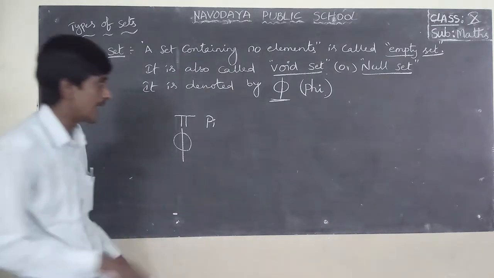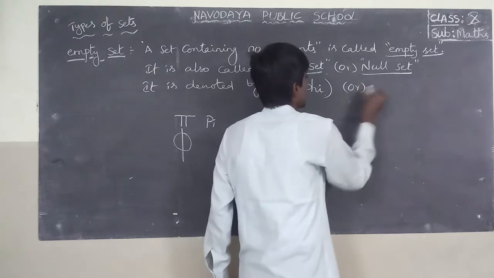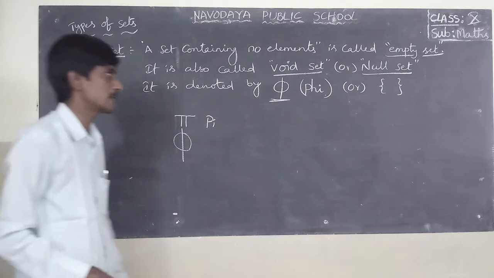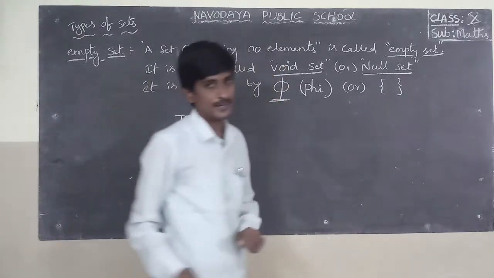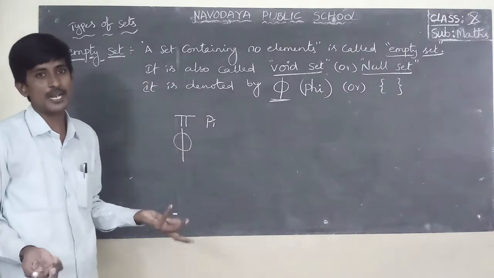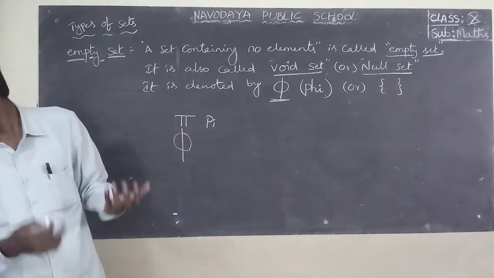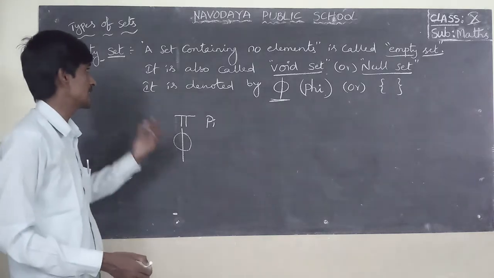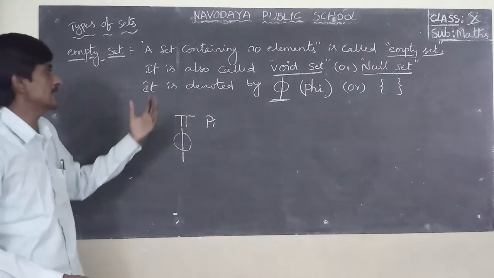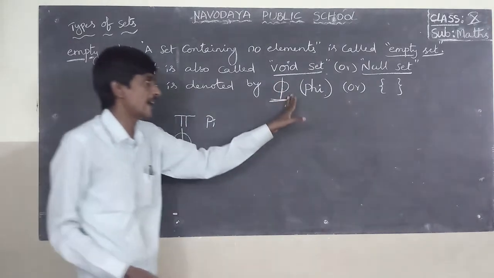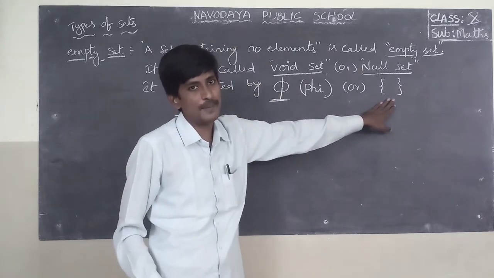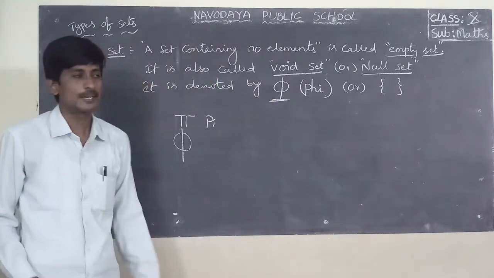Or write the empty brackets, the braces. That is also a symbol for the empty set. Empty set means there are no elements in that set. It is denoted by the symbol phi or empty braces. Okay.